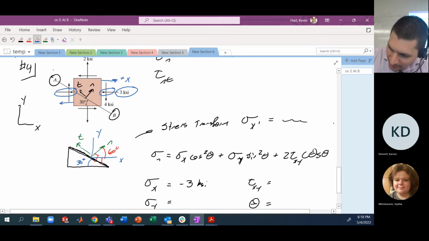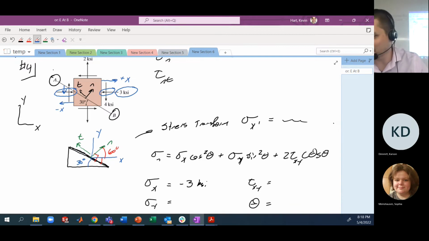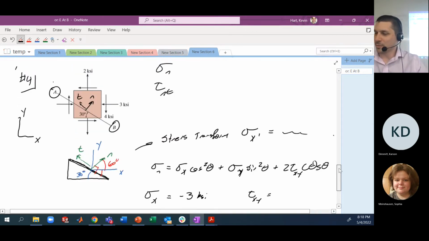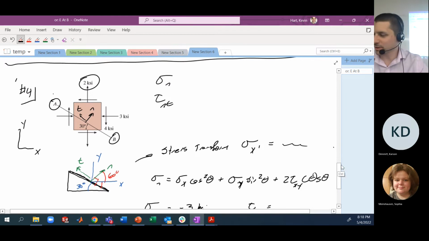This is generally the negative x face. The outward normal to that face is negative x. And this stress is generally pointed in the positive direction. Negative x face, positive x direction, negative sigma x. So however you slice it, it always comes back correctly. All right, sigma y, 2, generally positive.